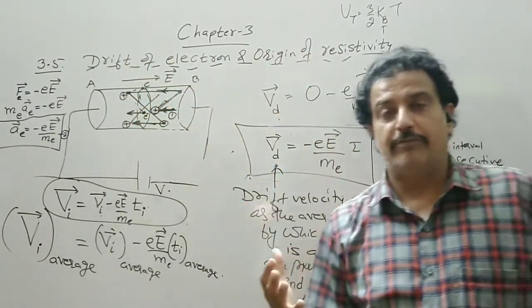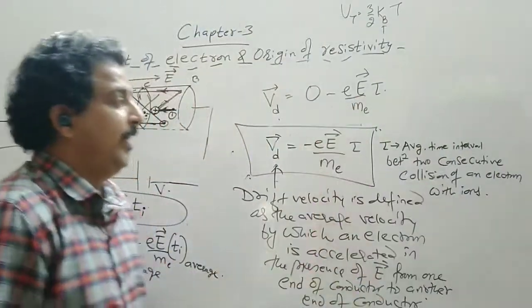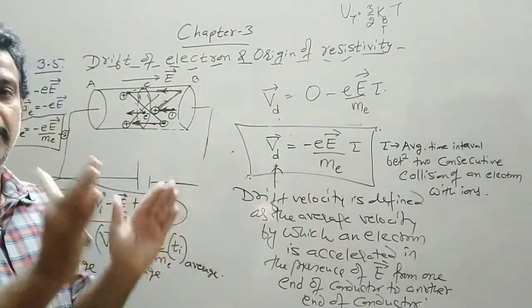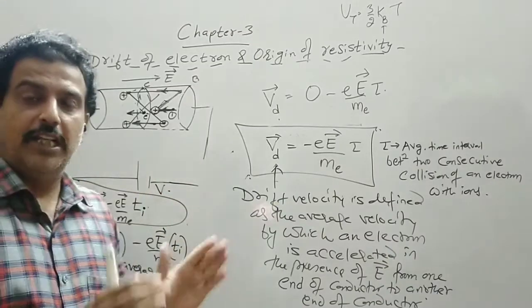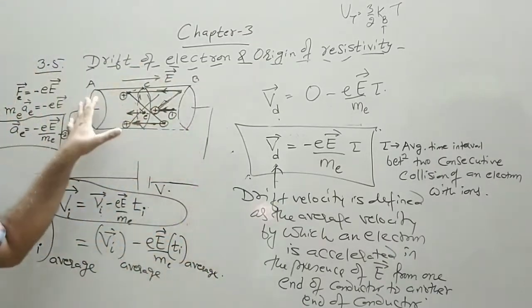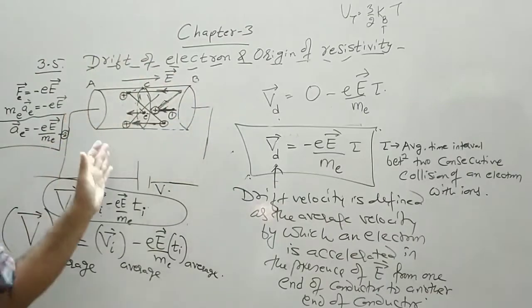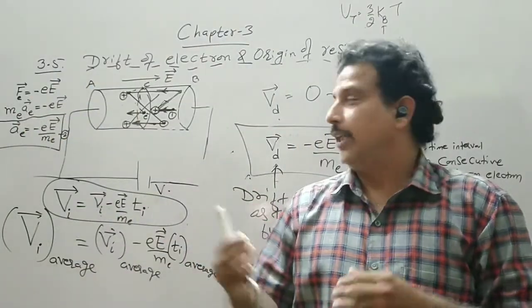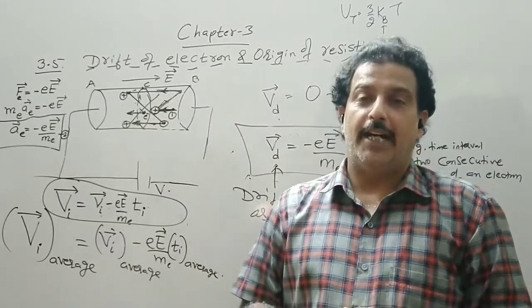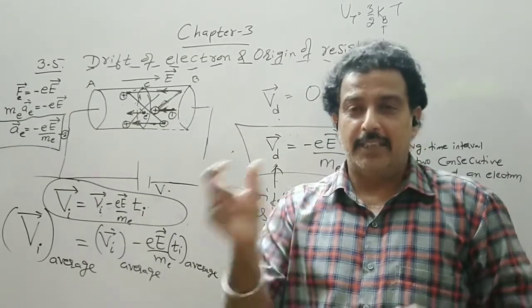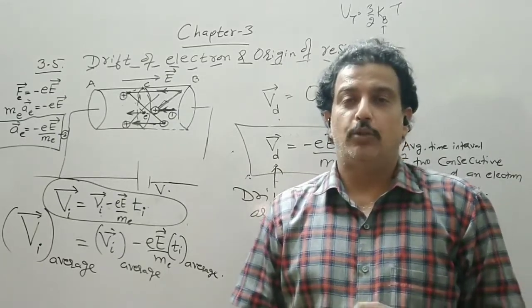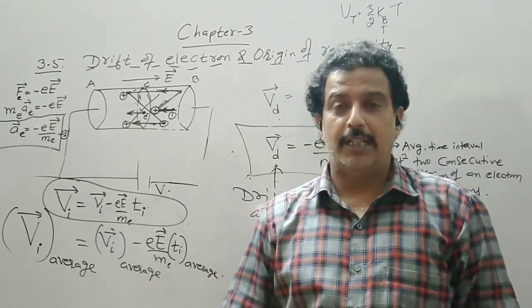In the absence of the field, electrons move randomly. Their average velocity comes out to be 0. In the presence of the field, all the electrons are accelerated from one end to another. But while accelerating, they keep on colliding with the ions, and the time interval between two consecutive collisions is referred to as the relaxation time.